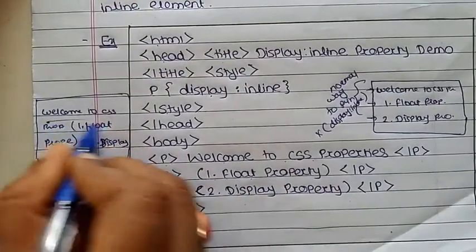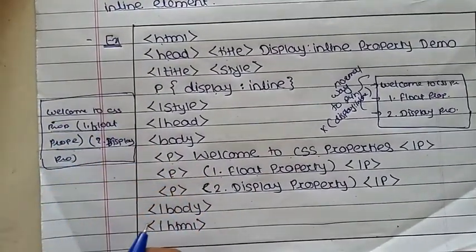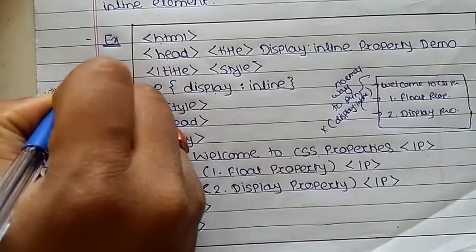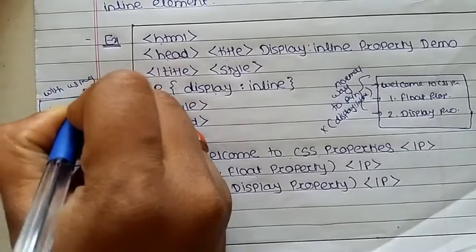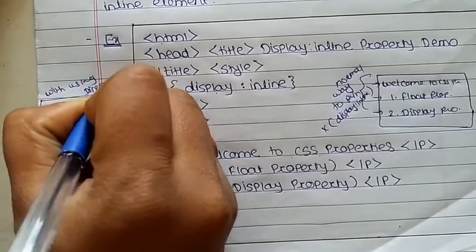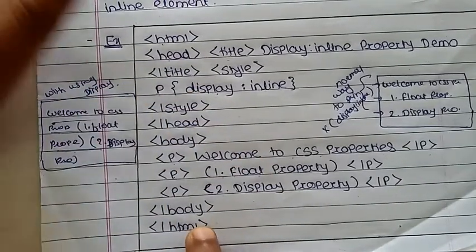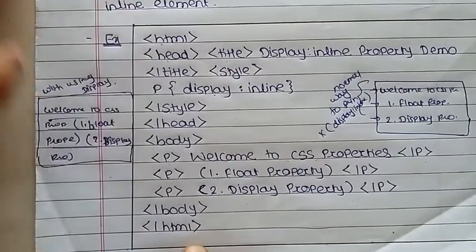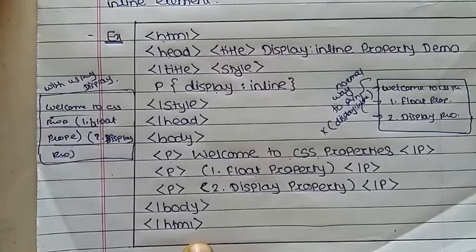It continuously prints the text. Clear? We will see the output of this code practically, and then you will understand very easily.